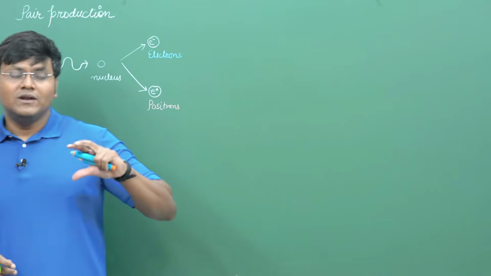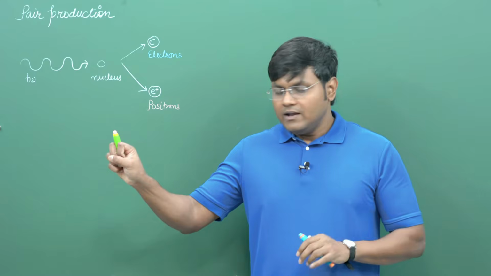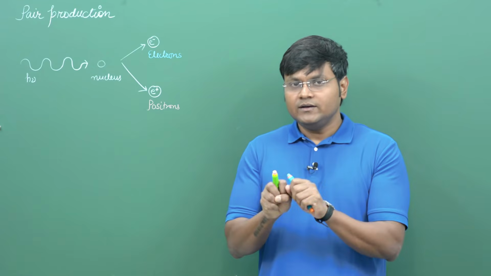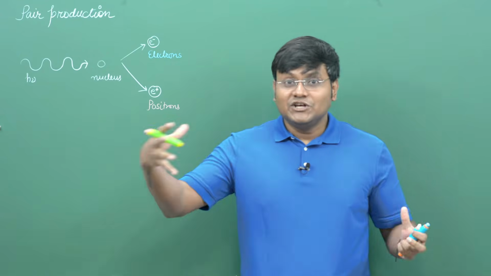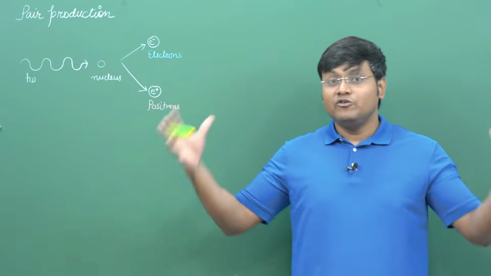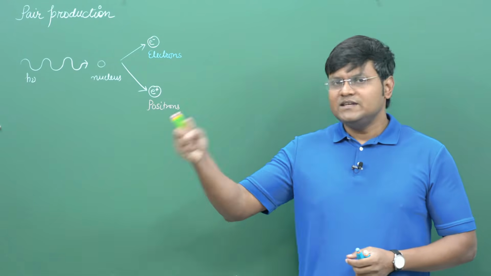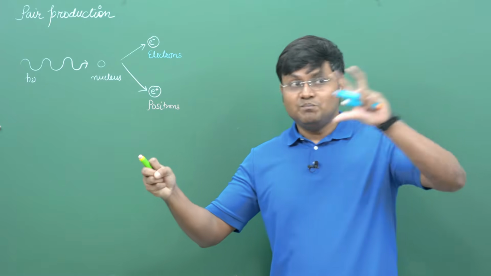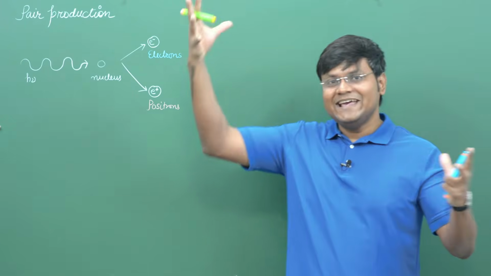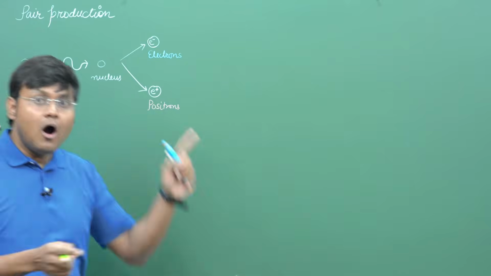Now, why is it called an antiparticle? It is called an antiparticle because when a particle and an antiparticle come together, they annihilate each other, they destroy each other, both of them vanish, and all that remains is pure energy. So whenever any antiparticle meets its particle version, they annihilate and create pure energy. But what is happening here is the opposite.